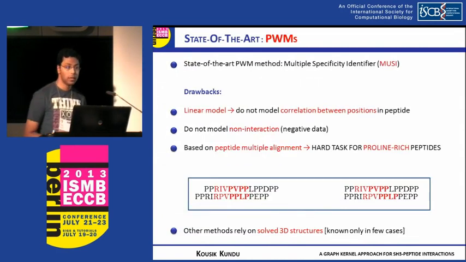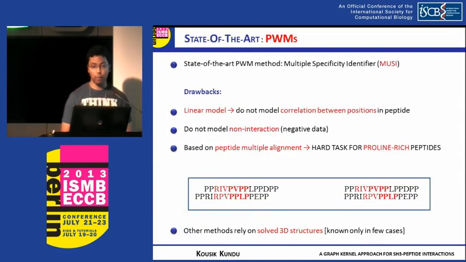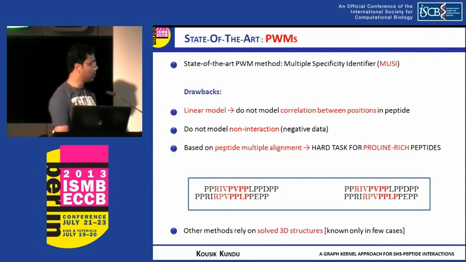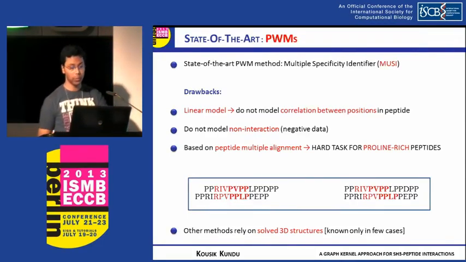To date, several approaches have been reported to predict SH3 peptide interactions. They are mainly based on the PWM approach. There is one state-of-the-art tool, the multiple specificity identifier. There are some drawbacks of PWM approaches, as you have seen in the last talk from the last speaker.